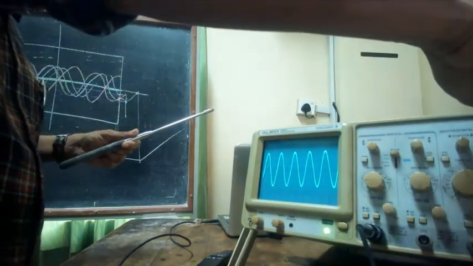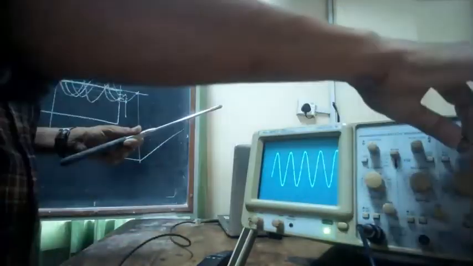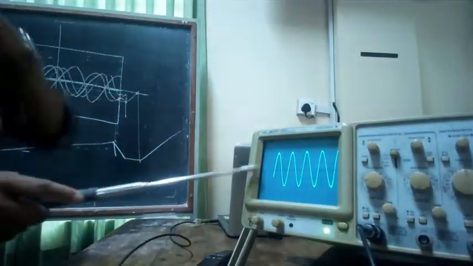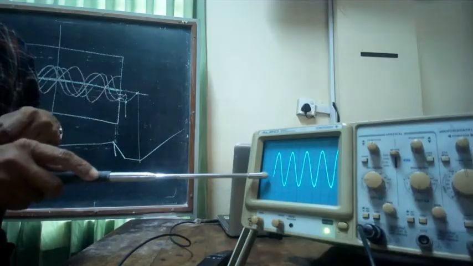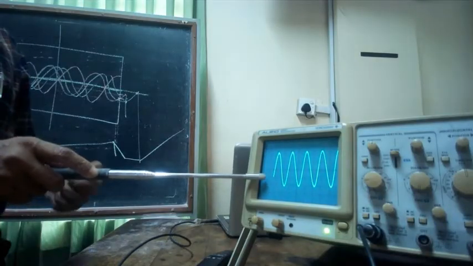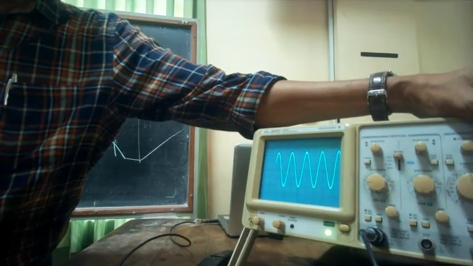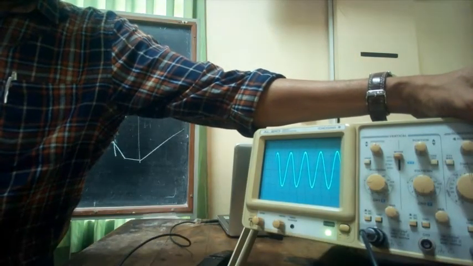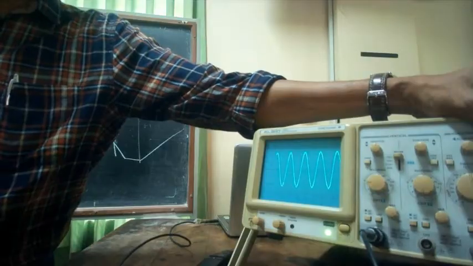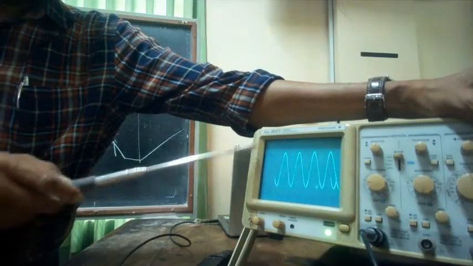Now I'll move it this way a little bit. So this is where it starts. Now the trigger level is this. As soon as it reaches this level, it will start drawing. If I move the level, it waits until it starts at that level. Now what happens if I go beyond that? You see it starts at different levels.